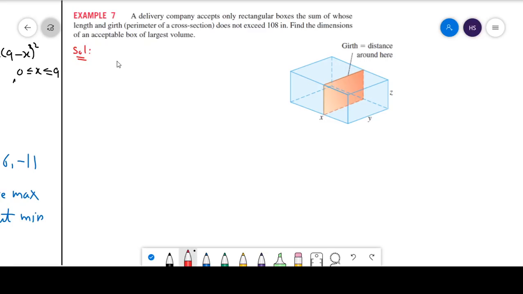So that means we get x, its length, plus 2y plus 2z equals 108.